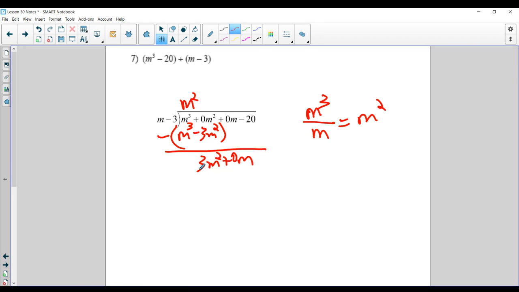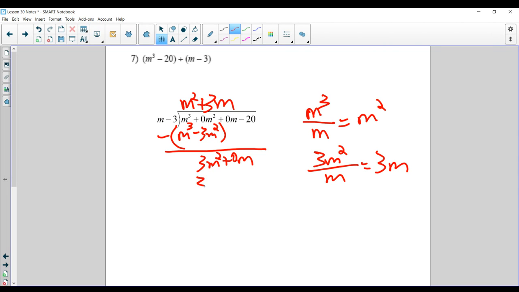Repeat. First term divided by first term. 3m squared divided by m would be 3m. Don't feel like you have to necessarily write these to the side. Some people like to write them there. Some people don't. It's entirely up to you. So plus 3m. Multiply the 3m to both of those terms. Write them below.